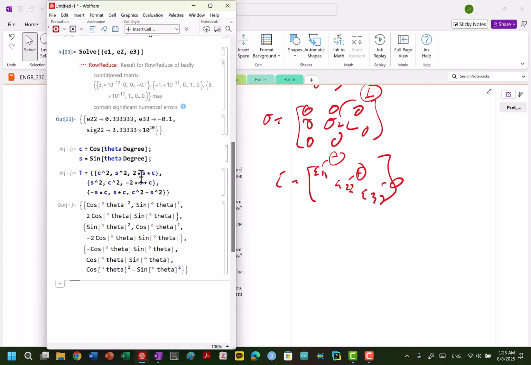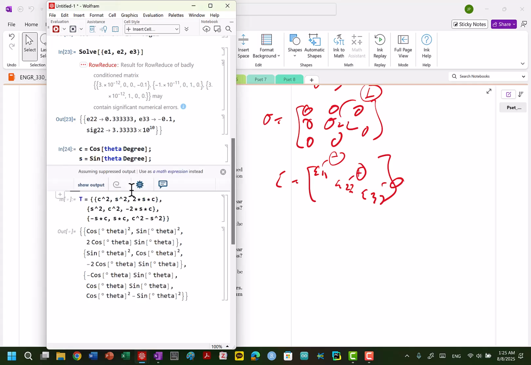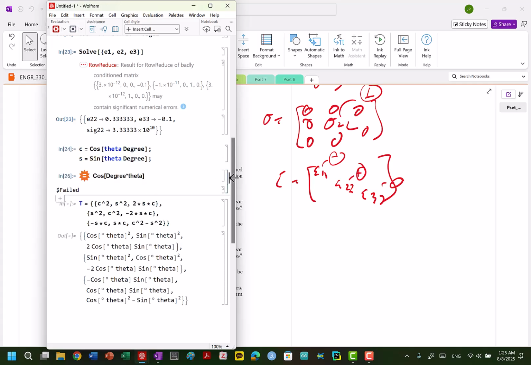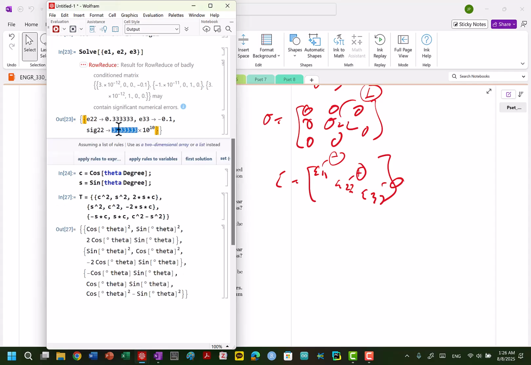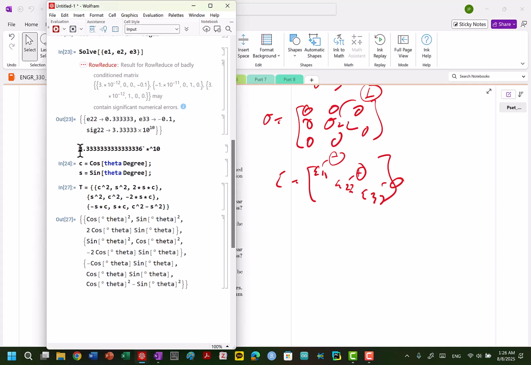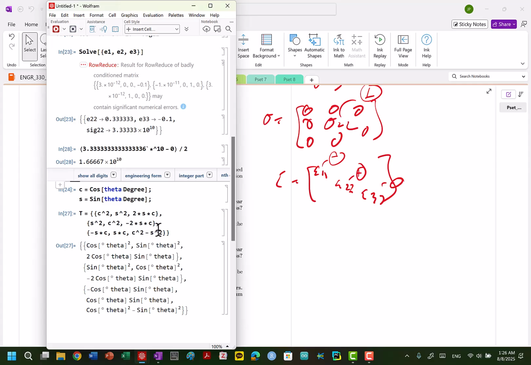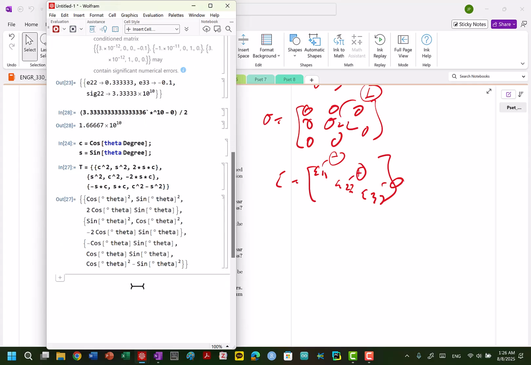So if we're in a principal stress state, the rotation to maximum shear will just be 45 degrees. We also know that the maximum shear value is just going to be sig1, which is that, minus sig2, which is 0, divided by 2. So that's going to be our maximum shear stress value. But we can also solve that as well.